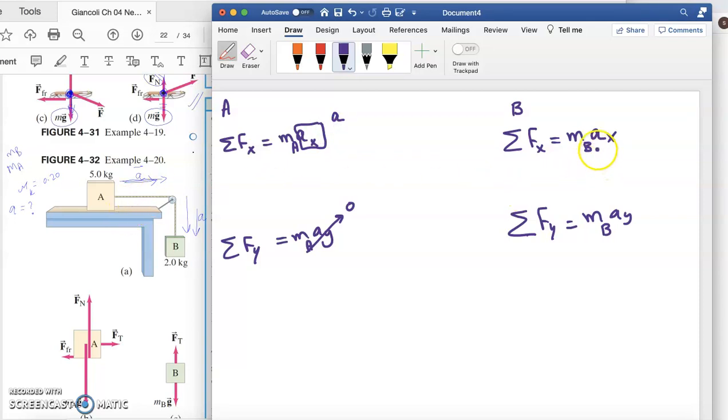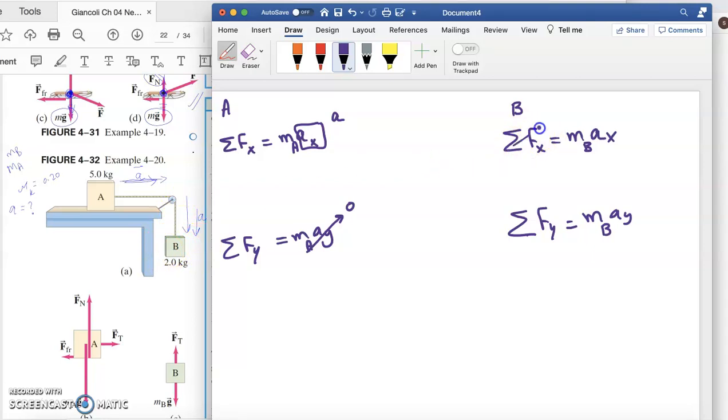Great. Let's come to B. Is there any kind of forces along the x-axis? No. Is there any movement along the x-axis? No. The forces on B, now we will come to know. It's Fg and the tension. There is nothing going on in the x-axis.